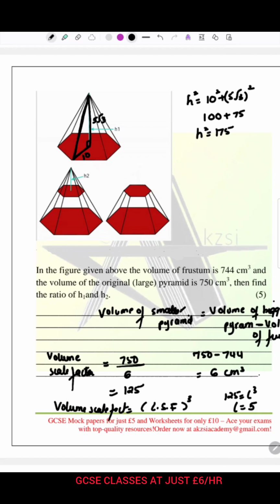I'm not taking the root because again we have to apply Pythagoras. Once we are done with calculating this one, now again we have to apply Pythagoras here. This hypotenuse we have calculated now.